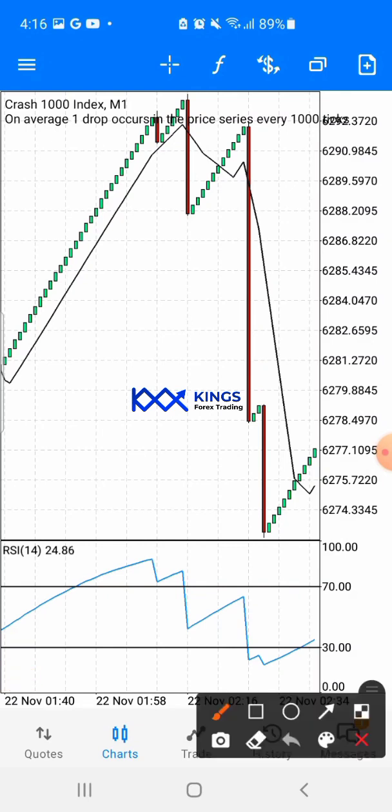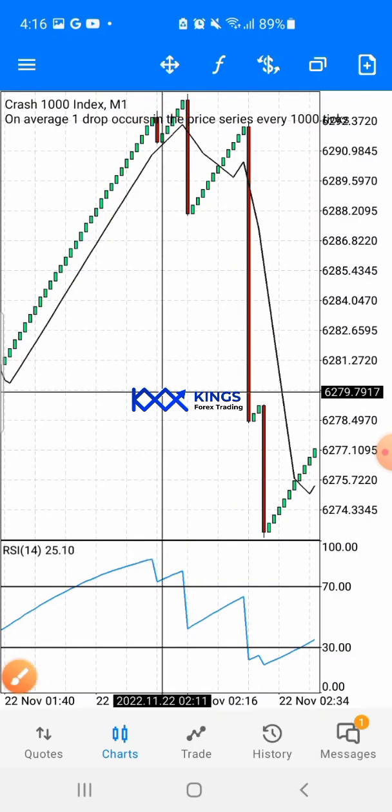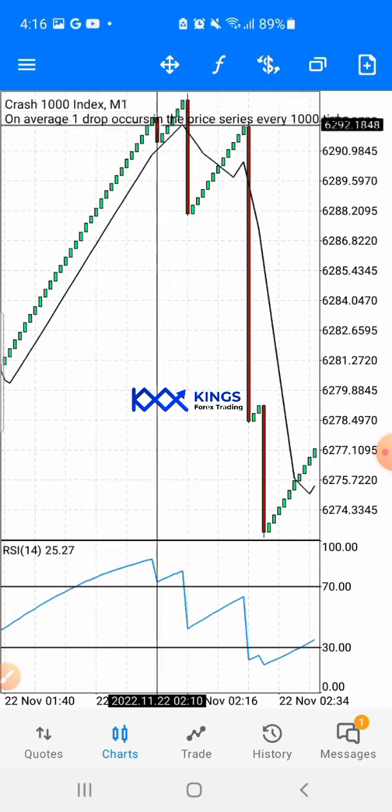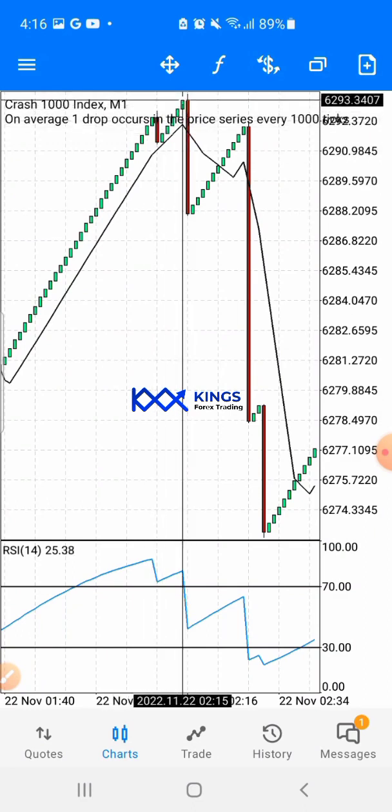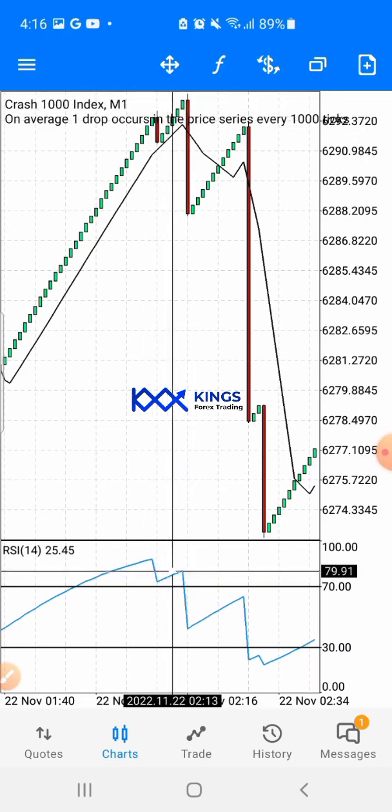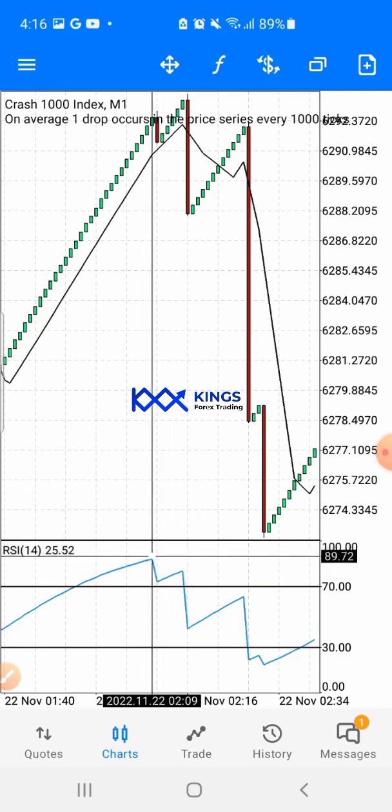If you look, we have a lower low here and a higher low here. Let me pick a line for you to see this. On our main chart you have the higher low; you can see this one is higher than this, while this one is lower than this, which is opposite.